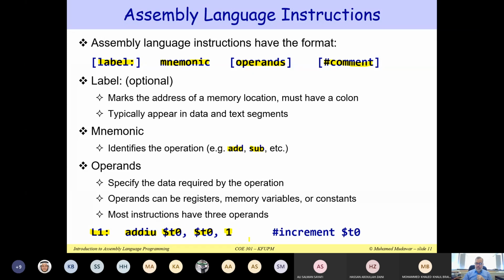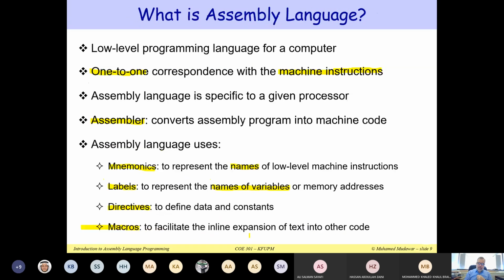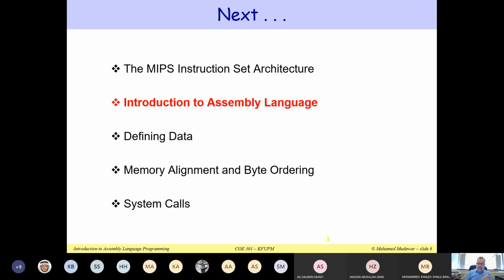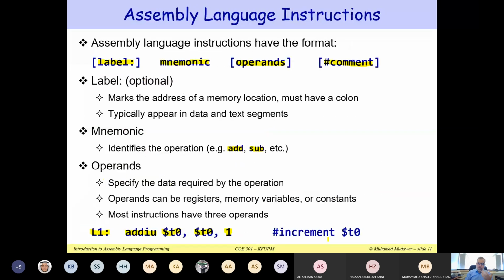So this instruction is of the immediate type. And if I go back to the format, it uses the immediate format. And the one here is the immediate constant. That actually is the immediate type because we are using one. One is a constant. It's an immediate. So immediate means a constant that you would like to have inside the instruction.